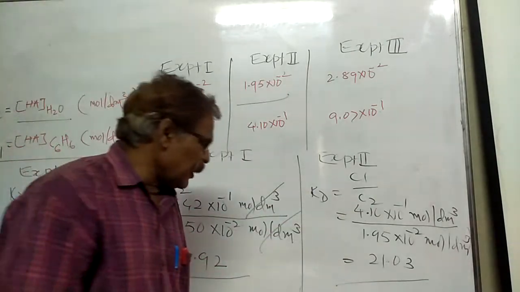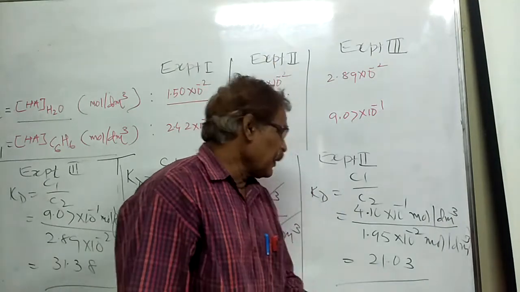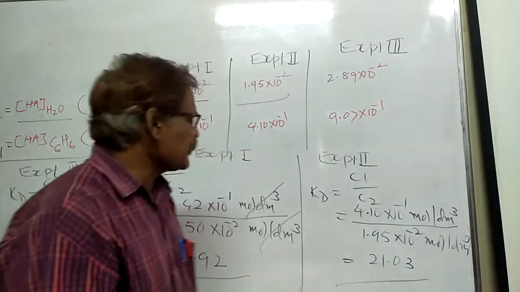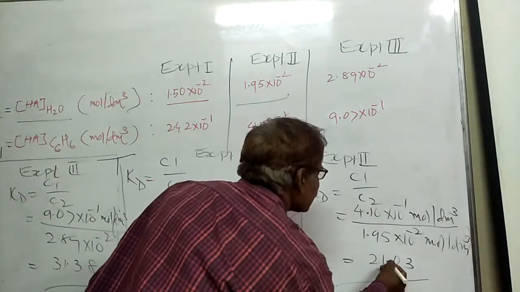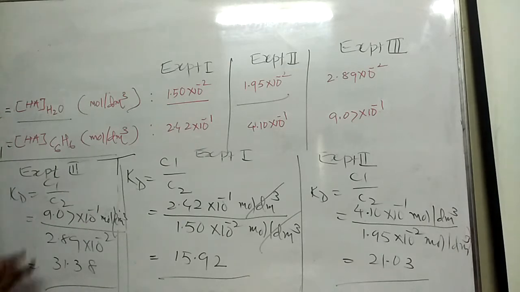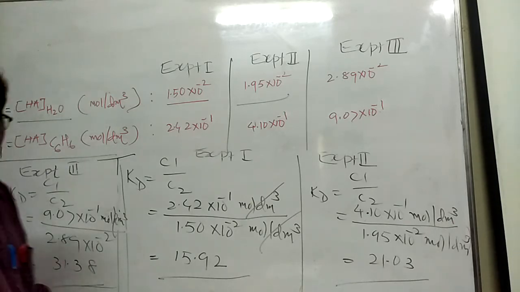In case of experiment number 2, the partition coefficient of organic acid between benzene and water is 21.03, and in the last experiment the partition coefficient of organic acid between benzene and water is 31.38.